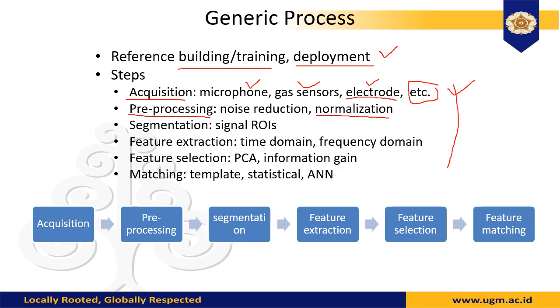Then other normalization includes sample length. Now imagine that in order for someone to access a particular room, that person has to say certain magic words.